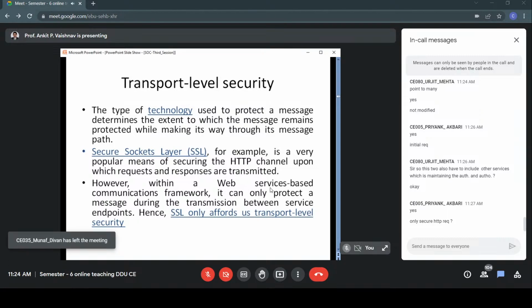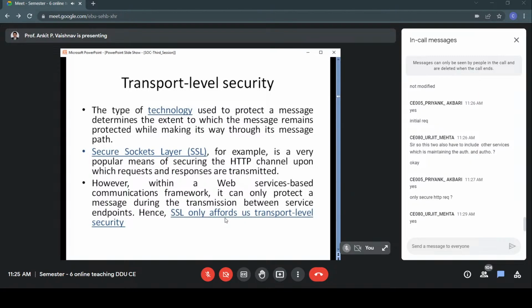there are 2 things we need to make sure regarding security in SOA. One is while it is transiting or while it is under transport, right? And when it is at intermediary service, isn't it? Right?